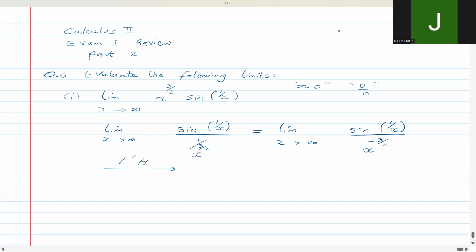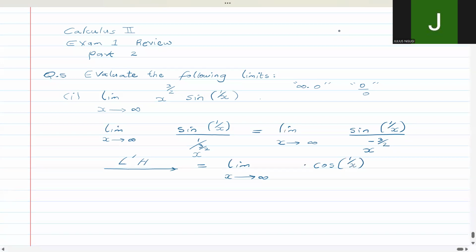which tells us that the limit of this function is the same as the limit as x approaches infinity of the derivative of sine of 1/x, which is a chain rule. As we agreed, we start by finding the derivative of sine, which is cosine, fixing the argument.